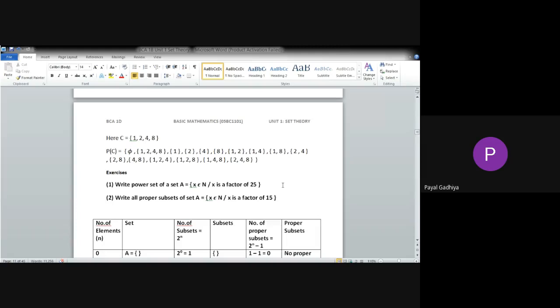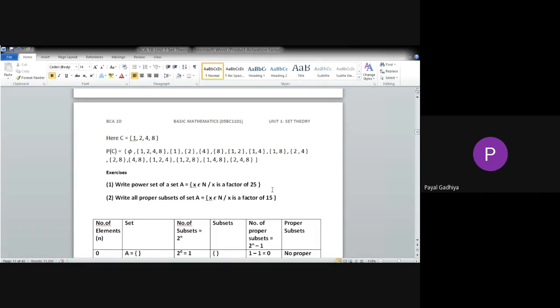Okay, so the first one is: write the power set of set A, where set A is x is a factor of 25. So first of all, what are the factors of 25? Yes, it will be 1, 5 and 25. There will be 3. So how many subsets will we get for this set?